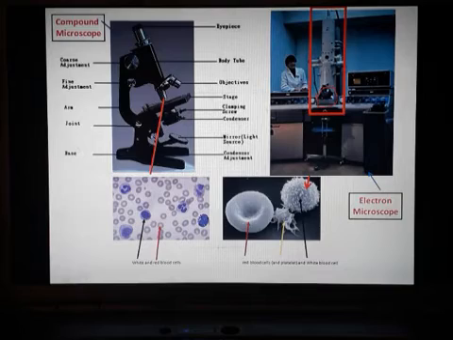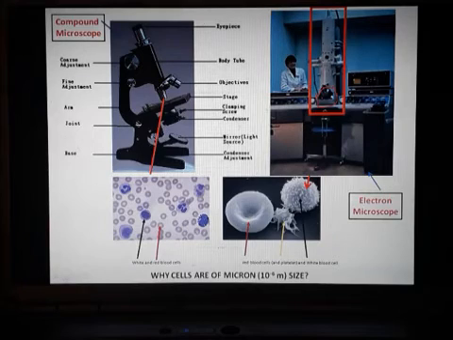Now the common question arises, why are cells of micron size? The cells are of micron size because whatever processes they do, they need to do at a very fast rate and in a short amount of time.